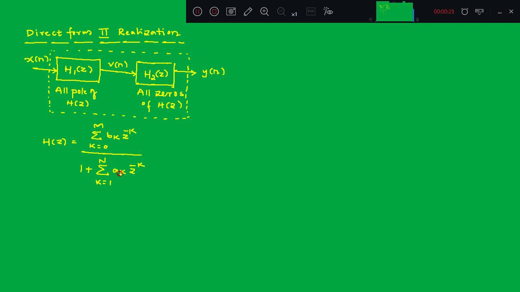So in the direct form 2 realization, what I do is I am decomposing the transfer function H(z) into a product of two transfer functions, namely H1(z) and H2(z). No doubt, the overall transfer function of the IIR filter is H(z) only.